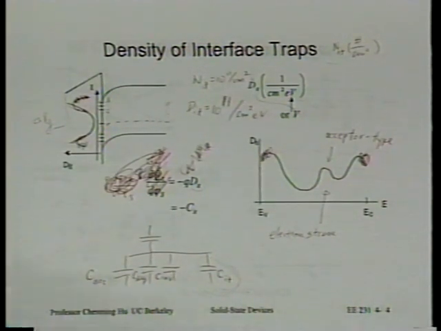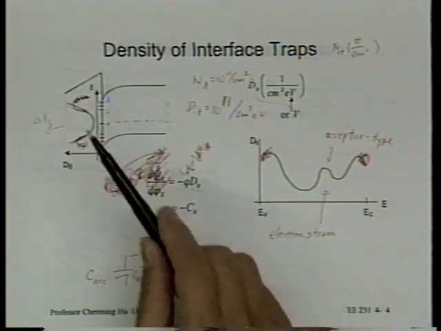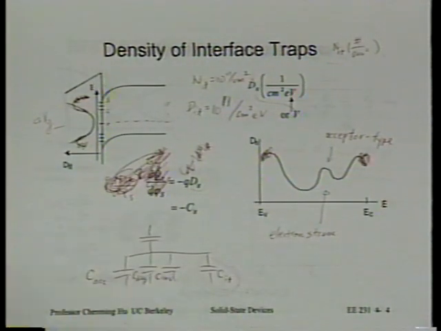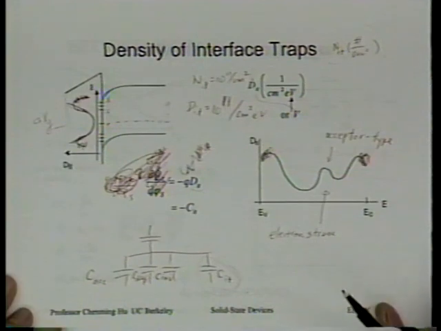But this may not happen immediately, depending on how easy it is for these traps to exchange electrons with the valence band and with the conduction band. Does it make sense? Right? So perhaps it would not surprise you that this can be as long as hundreds of milliseconds. Okay, well, at least milliseconds is safe to say.